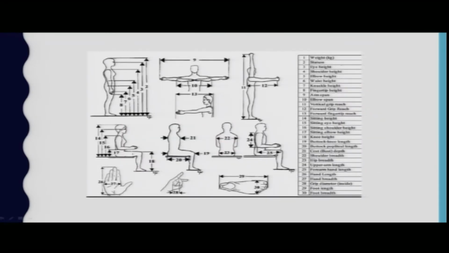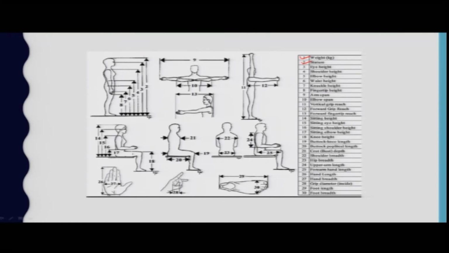Again, what are the other possible measurements that we take into consideration while capturing anthropometric data? You can visualize those data with the help of this figure which I have taken from a book by R.S. Bridger. The first thing is weight, the second is stature.